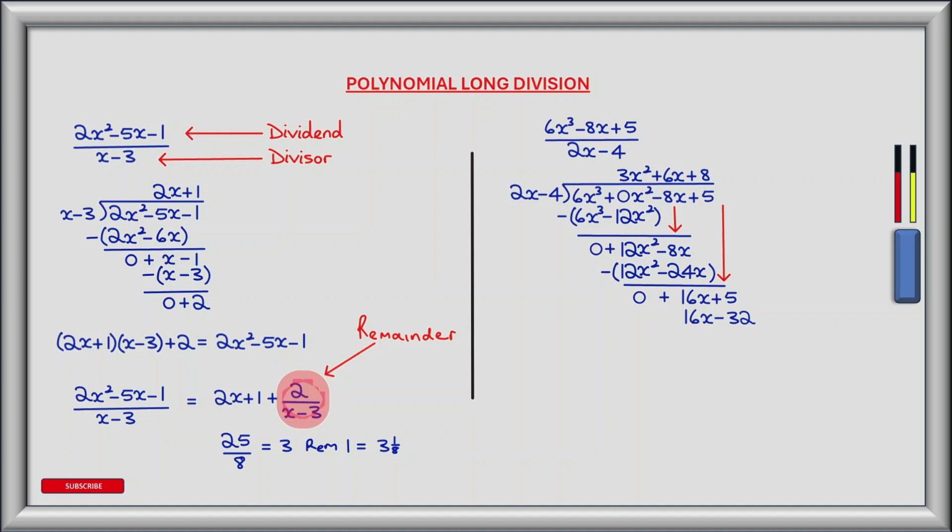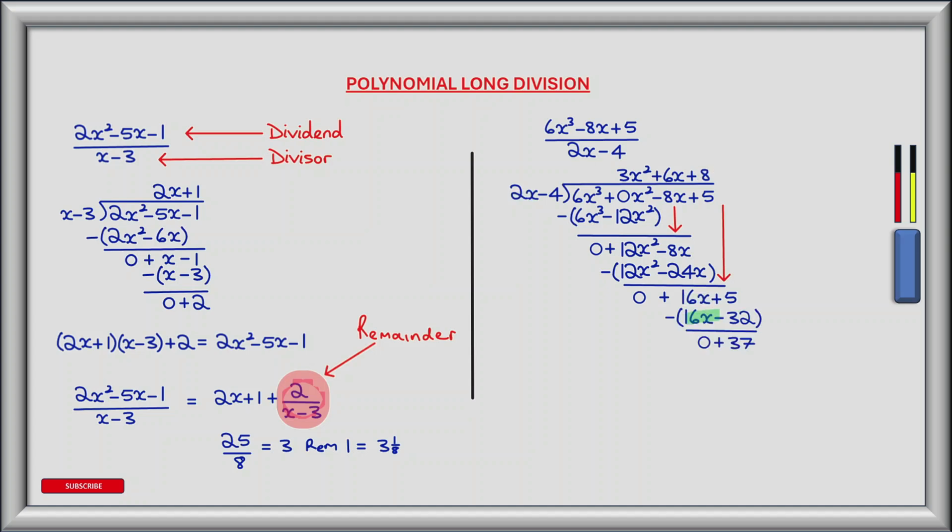If we now take the largest valued x term in the divisor, which is 2x, and we divide that into 16x, we get a value of 8. Multiplying the divisor by 8, we have 8 times 2x gives us 16x plus 8 times minus 4, which gives us minus 32.